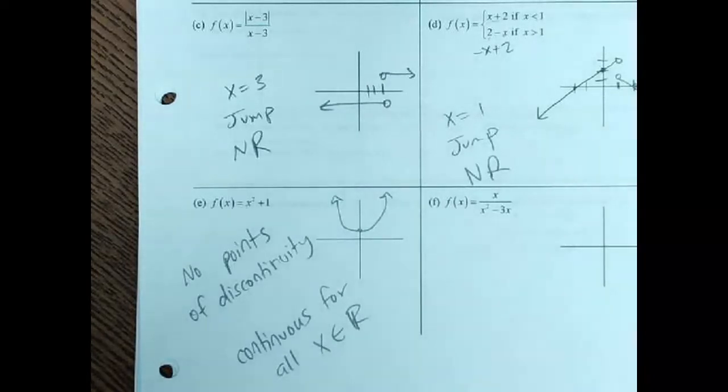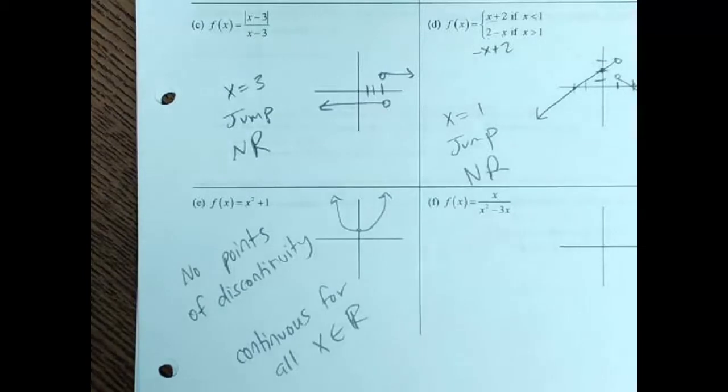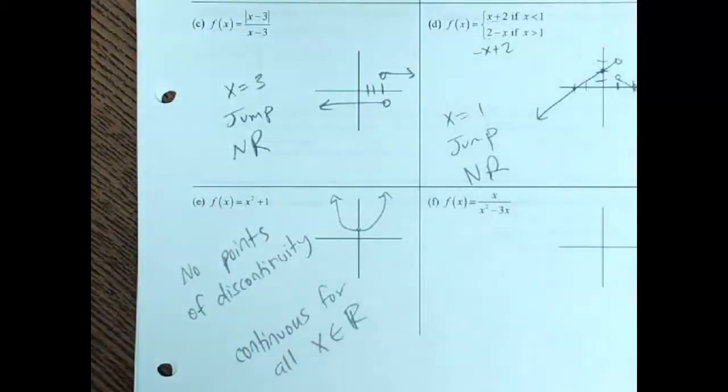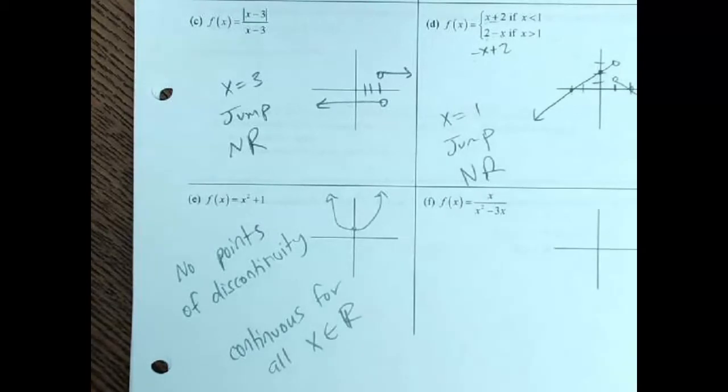We know those parabolas don't have any holes, we know they don't have any jumps, we know they don't have any asymptotes. They're a really nice graph, right? All polynomials are going to be continuous for all real numbers. Rationals, a little bit more troublesome because of the asymptotes. Piecewise functions usually have the jumps, and then rational functions, if you have the factor that reduces, you can have the hole also.